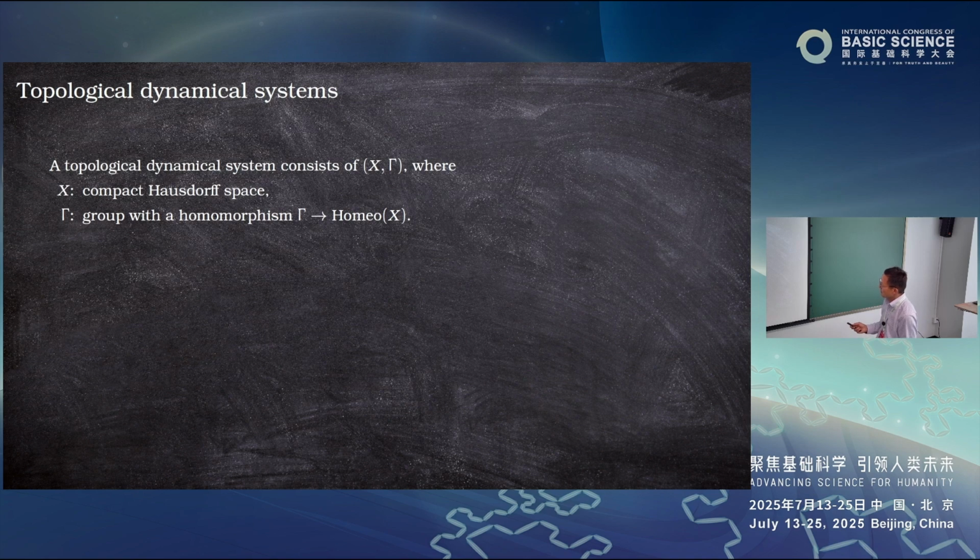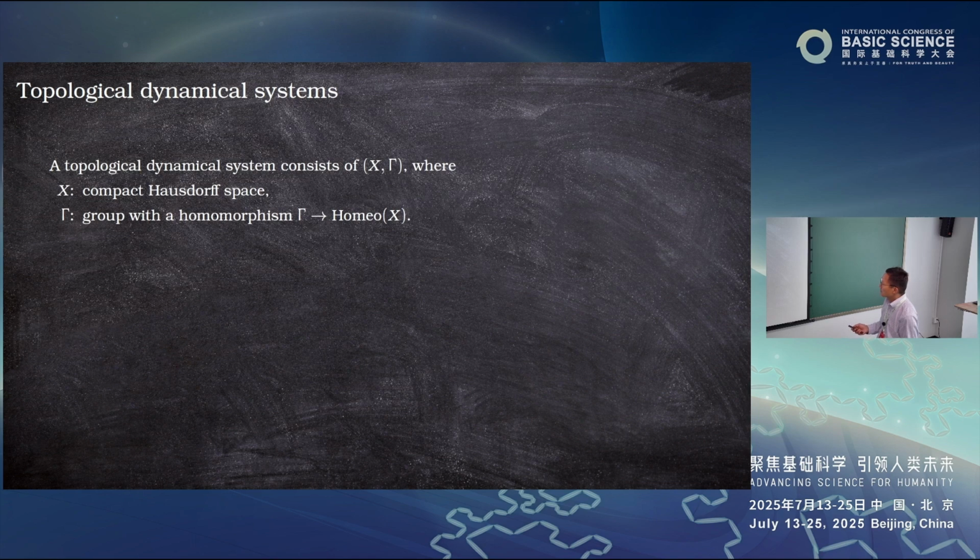So here we look at a compact Hausdorff space together with a group, and this group acts on the space X. For each group element, you can regard it as a homeomorphism on the space X, and the composition is compatible with the group multiplication.